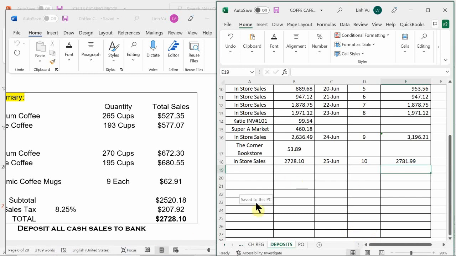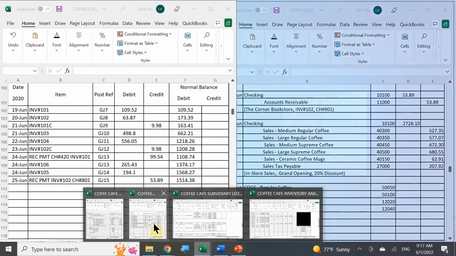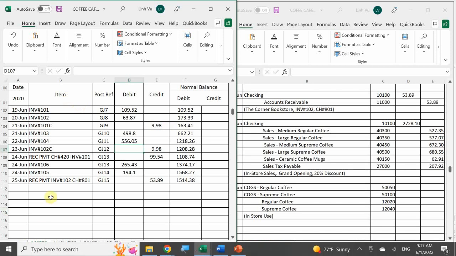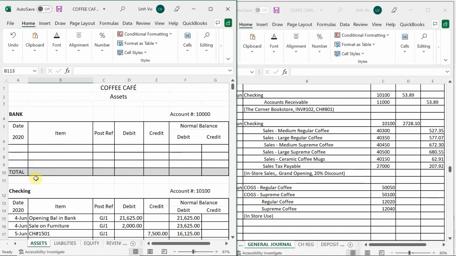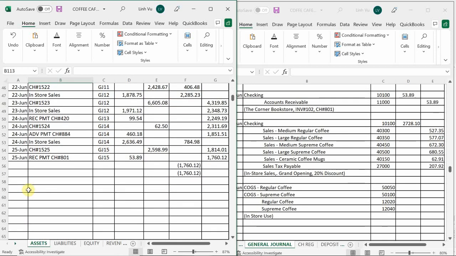Okay, so now that I made my deposit, I can go ahead and complete my ledger, starting with checking, because that is the most important thing right now, just because I am still currently under. So today is the 25th. We got some in-store sales. We are still on page 15, I believe.